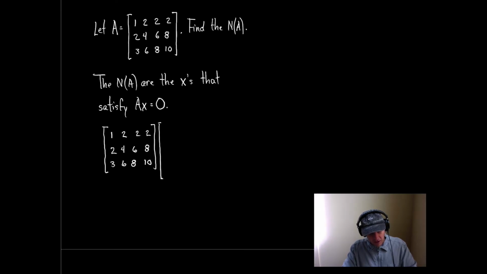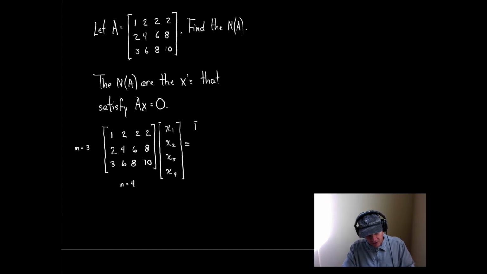Notice that I have 3 rows, so in this case the number of rows m is 3, and the number of columns n is 4. It's the number of columns that indicates the number of components in our vector. So x in this case has x1, x2, x3, and x4. There's 4 components. Equals, and then this is the 0 vector.